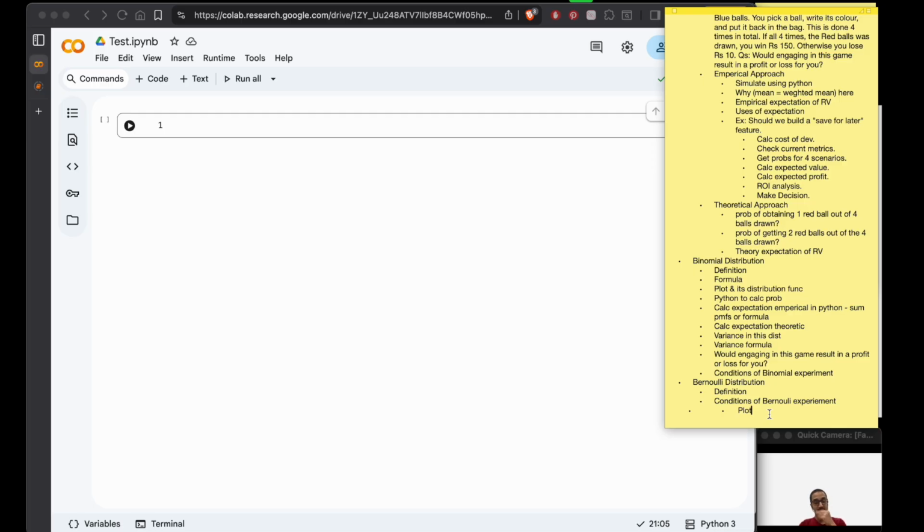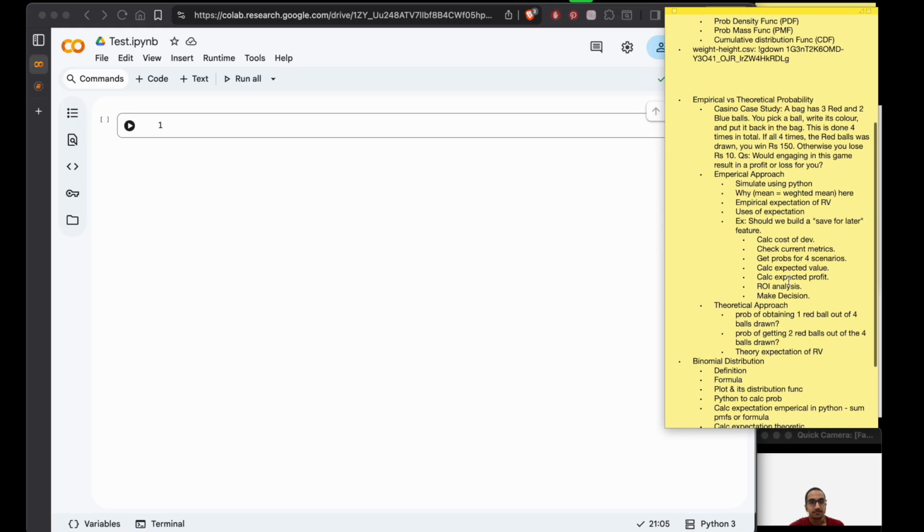A model is essentially a set of distributions, plus of course the parameters, plus the data space, all of that, but primarily it's the distribution. So that's the agenda.